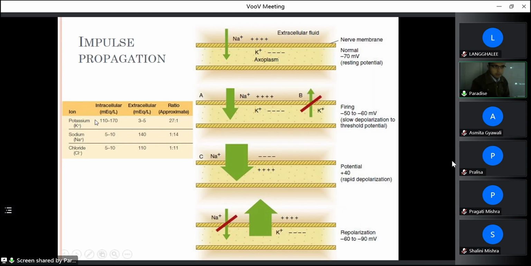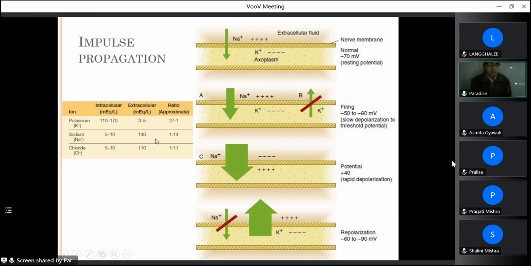The concentration of potassium is about 110 to 170 milliequivalent per liter in the intracellular fluid, and about 3 to 5 milliequivalent per liter in the ECF, extracellular fluid. So the ratio is about 27:1. But in case of sodium, its concentration in intracellular fluid is only 5 to 10 milliequivalent, and it is about 140 milliequivalent per liter in extracellular fluid or in plasma. So the ratio is again 1:14.